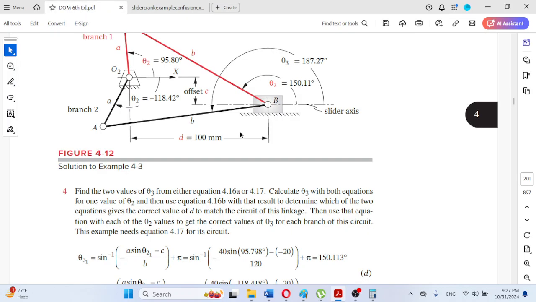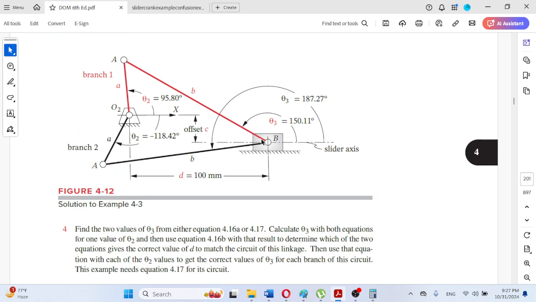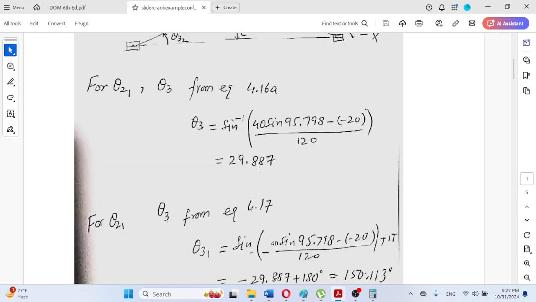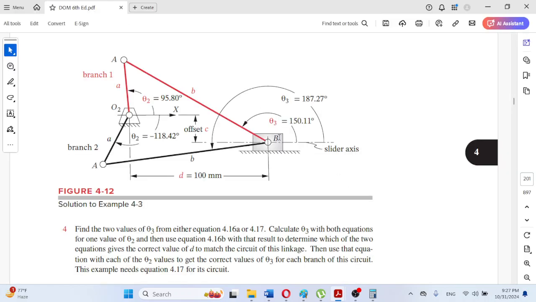But here, if we observe the correct location of the slider, we can see that the angle between the positive x-axis and this location of the connecting rod is actually not equal to 29.887, because it is obviously greater than 90 degrees at least.